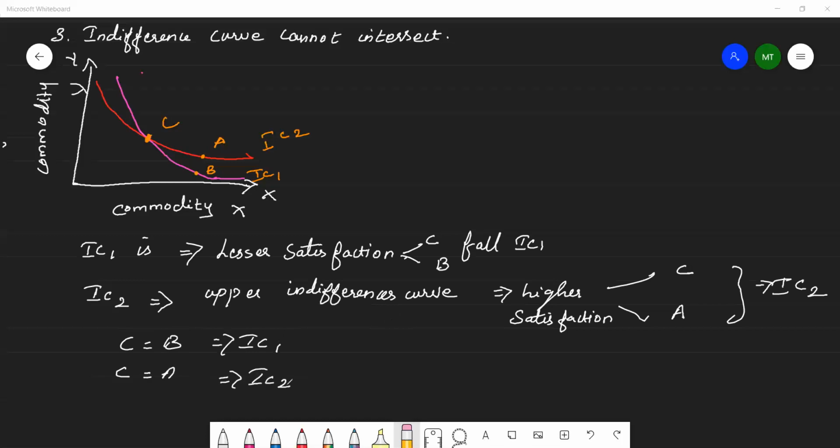Then A is equal to B, whereas A is on an upper IC and B is on a lower IC. This is not possible.